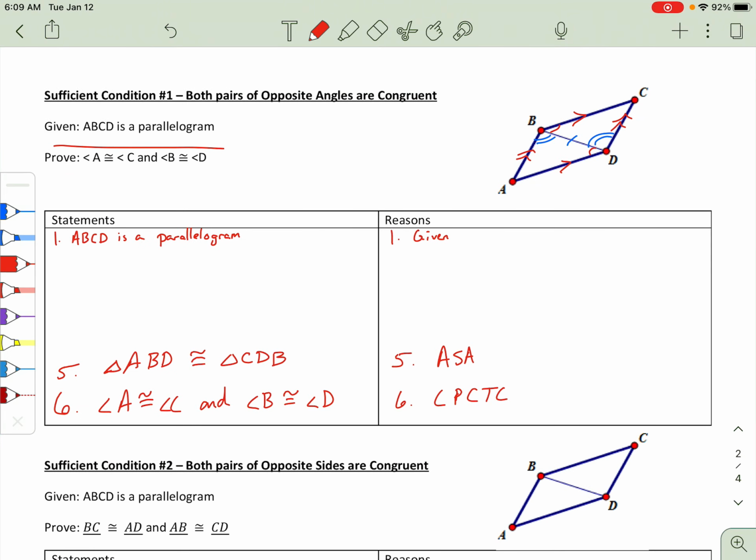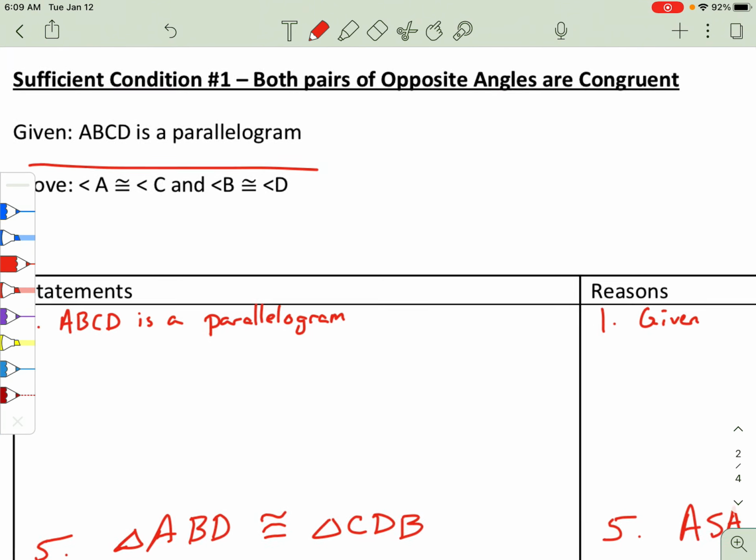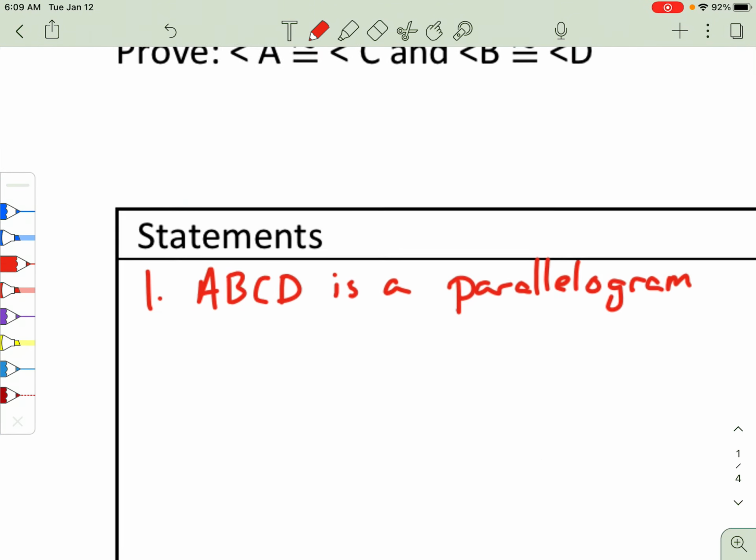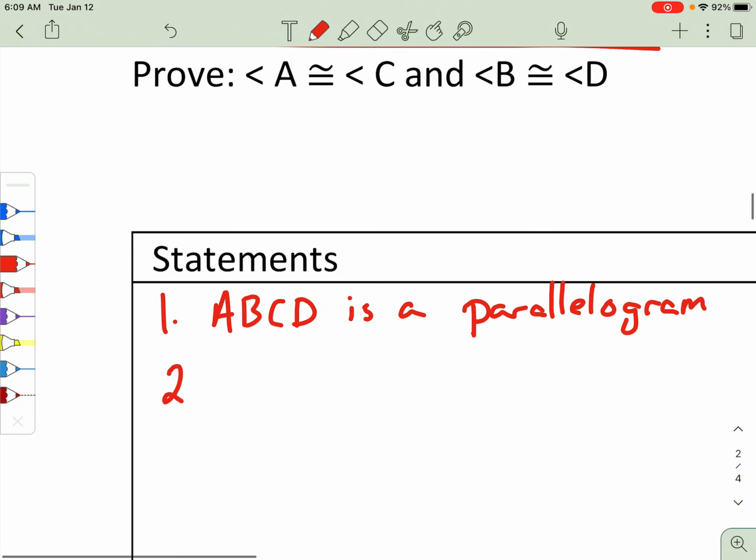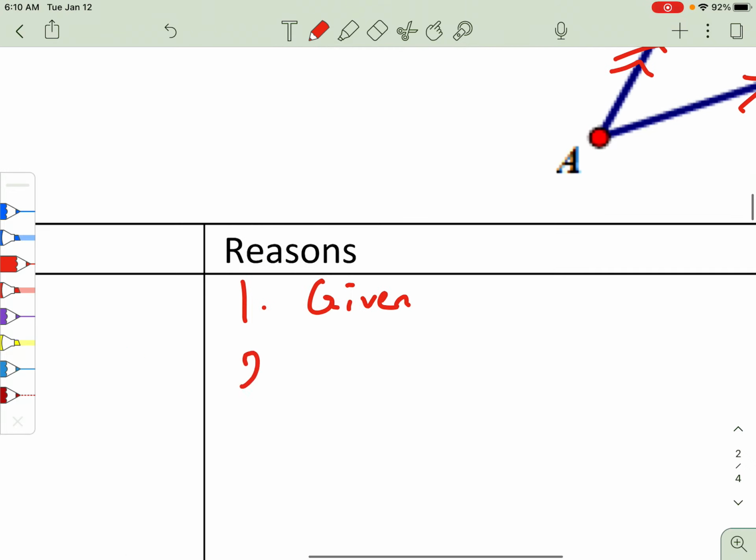Now we just have to state above, what are the reasons that we know that? Well, it's pretty easy. The line in the middle is BD. We know it's congruent to itself because, as we mentioned yesterday, reflexive property.